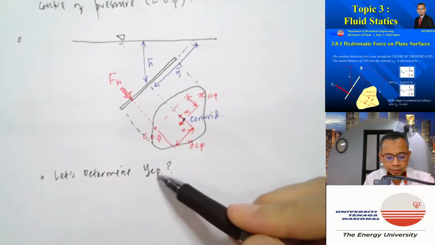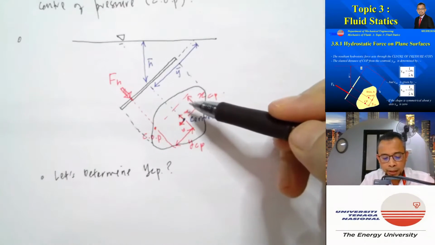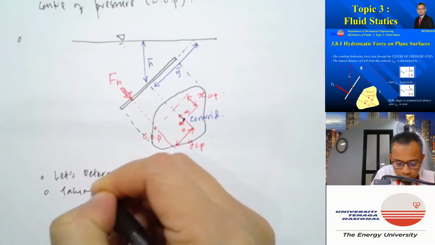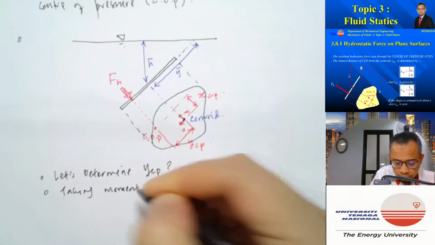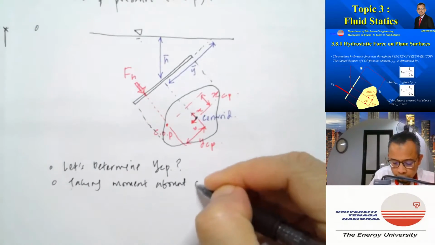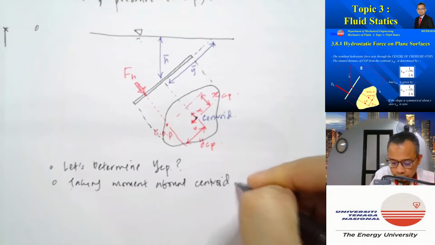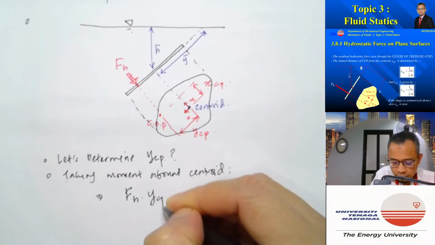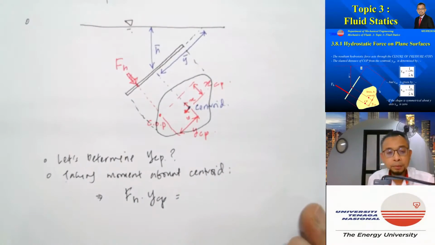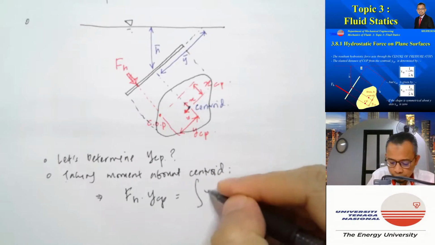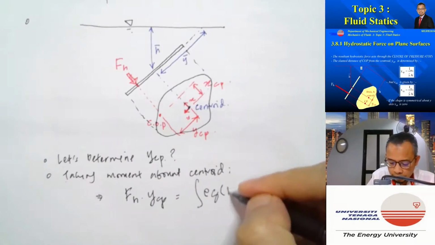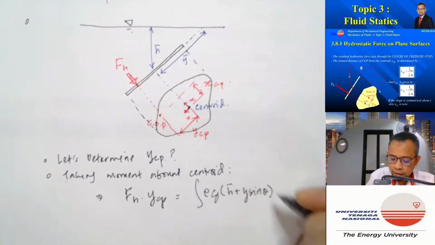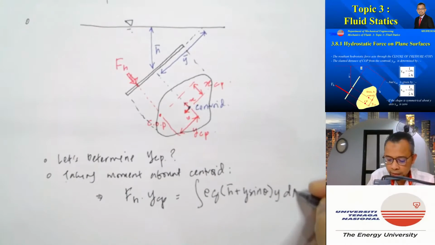In order to determine YCP, we need to take moment about the centroid. So taking moment about the centroid, what we will have is FH multiplied by YCP must be equal to the moment of the individual force, rho g (h bar plus y sine theta), that's the force, multiplied by y dA.